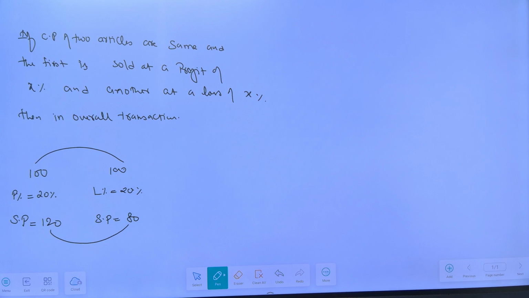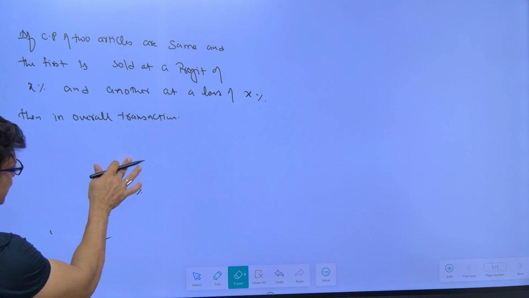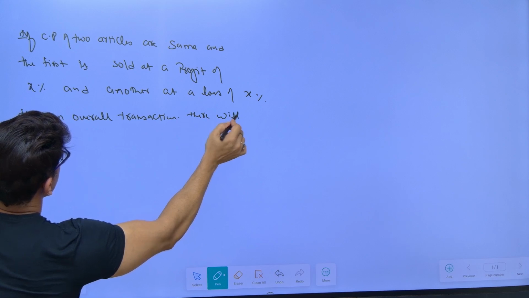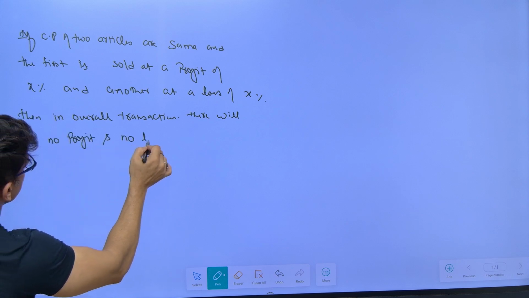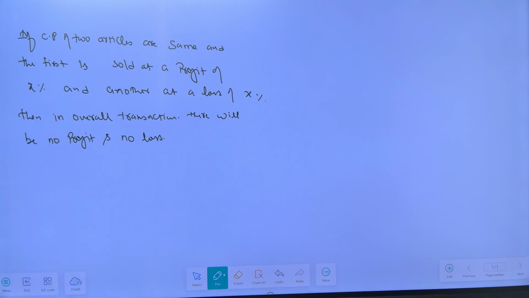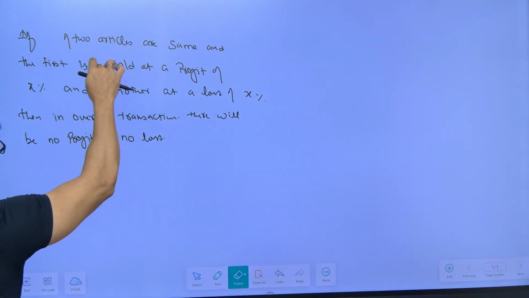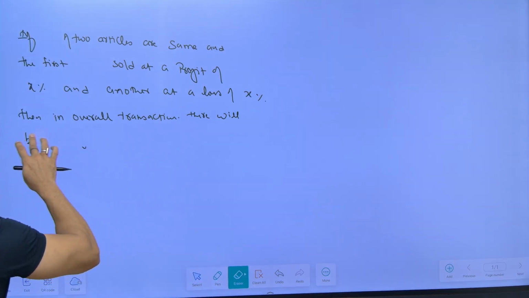That means if your cost price is same and the first is sold at a profit of X%, another at a loss of X%, then in overall transaction, there will be no profit, no loss, right? That's clear, right?